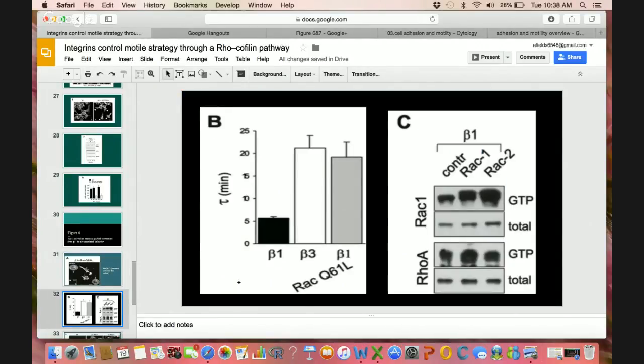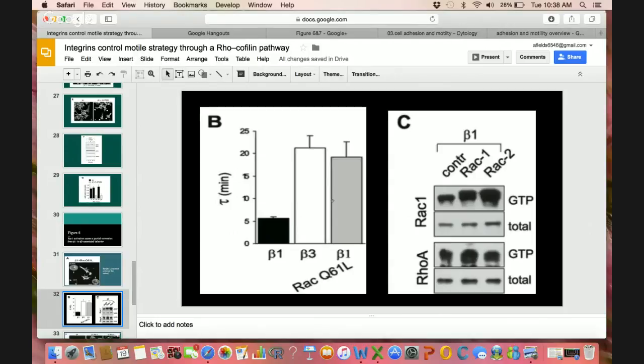So here's what they observed in figures 6B and 6C. You see with the Rac mutant that you still see an increase in the beta 3 and the beta 1 cells.